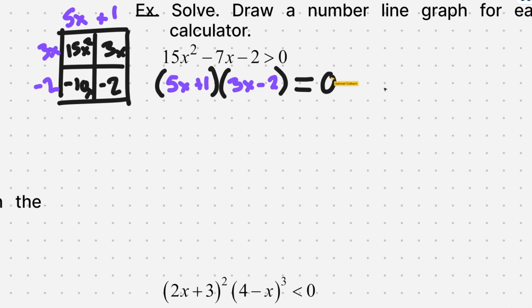Anyway, solving this, we get 5x plus 1 equals 0, means x equals negative 1/5. 3x minus 2 equals 0 means x equals 2/3.